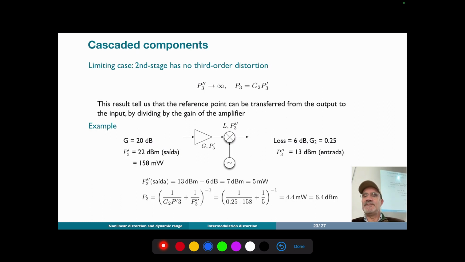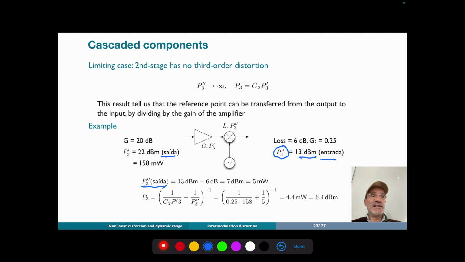And so here, since we have one referred to the input and the other one referred to the output, we're going to refer this P3 here to the output. So we have both at the output, and so multiplied by the gain.